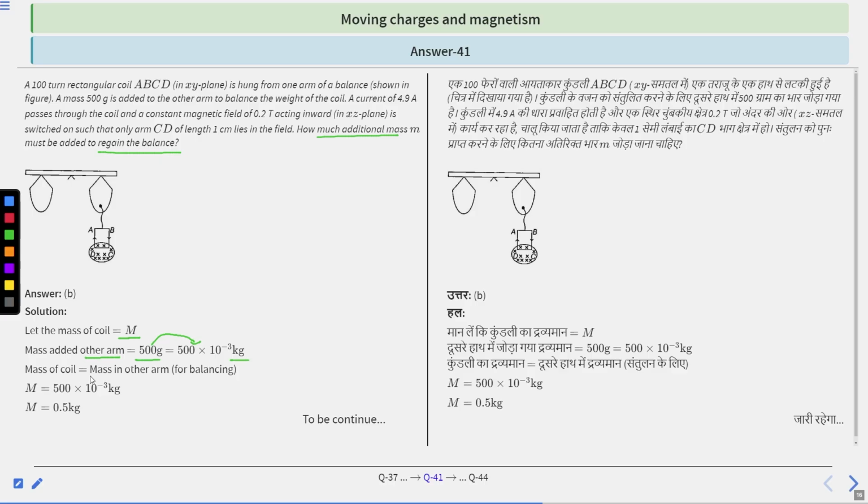And the mass of the coil is equal to the mass in the other arm for balancing, so M equals 500 into 10 raised to the power minus 3 kg, which is 0.5 kg. This is in gram and this is in kg. Clear?